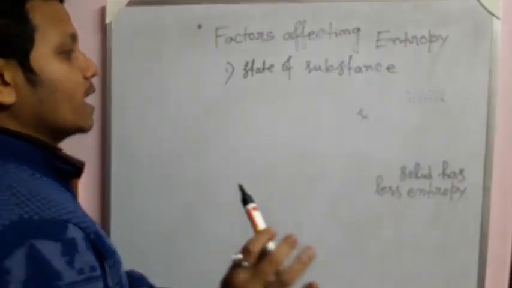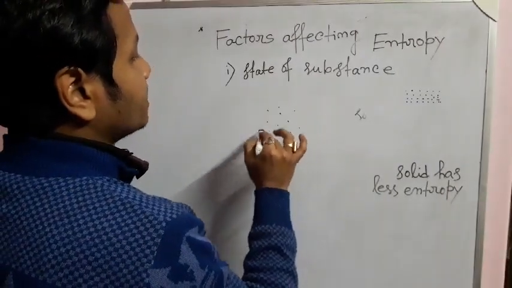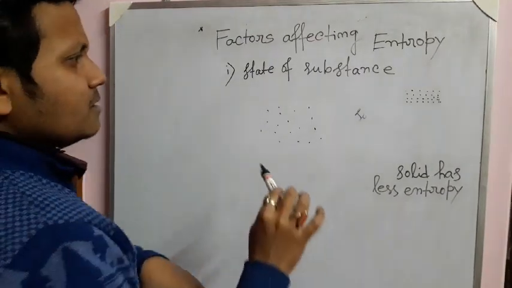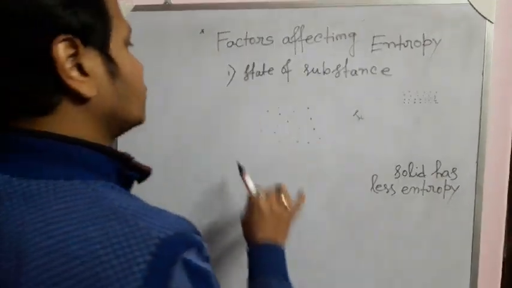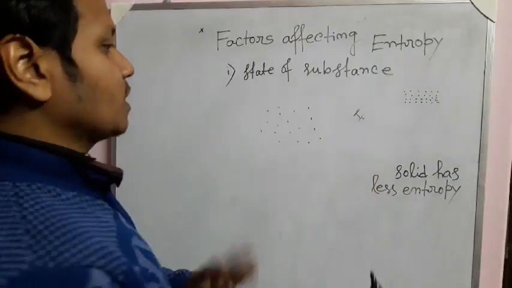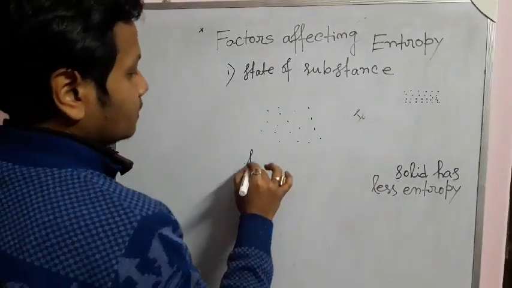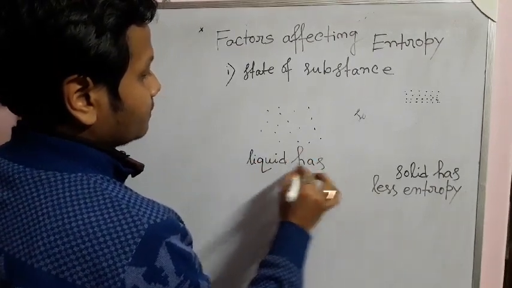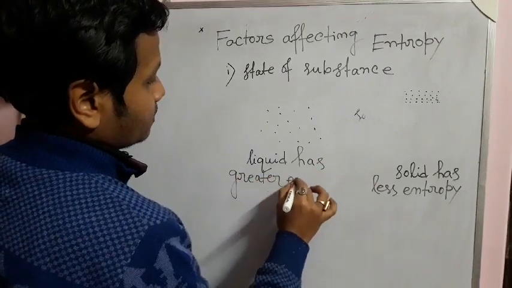Now if you look at the molecules of a liquid, they are not arranged in a regular and systematic manner. They are arranged in a non-regular manner. So in this case the disorder is greater, so liquid has greater entropy. So this is the first.